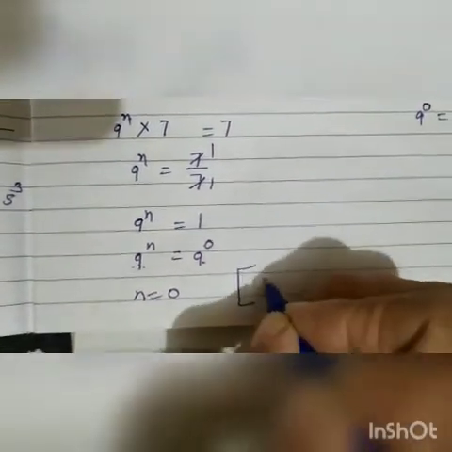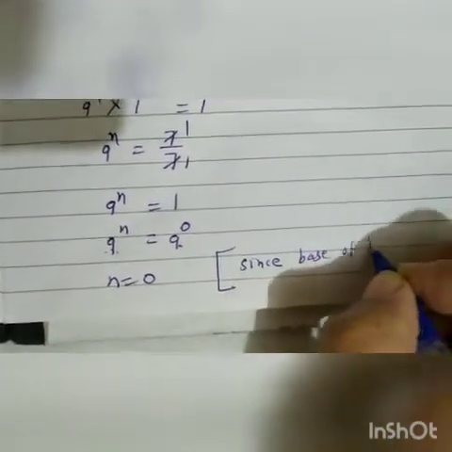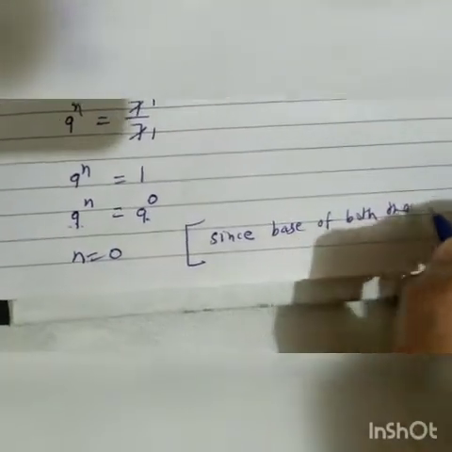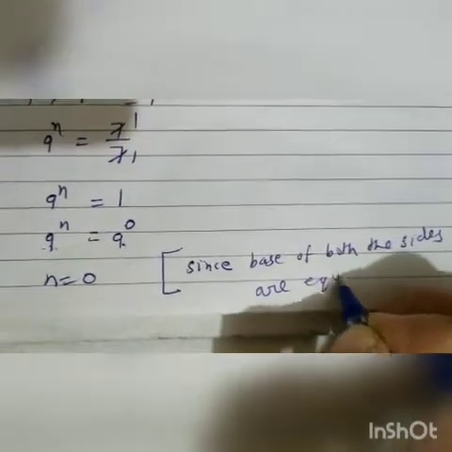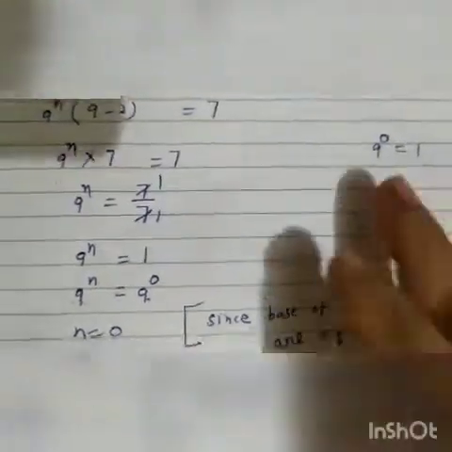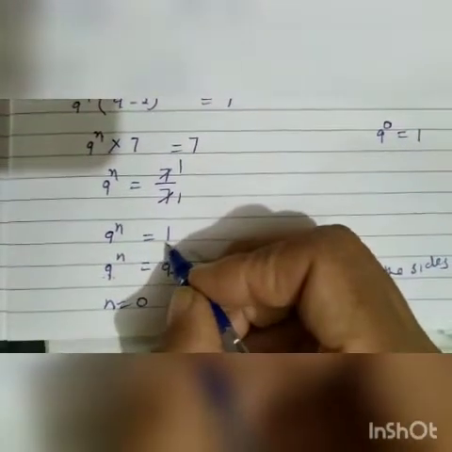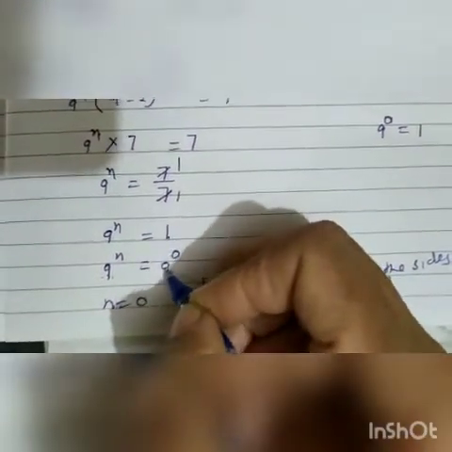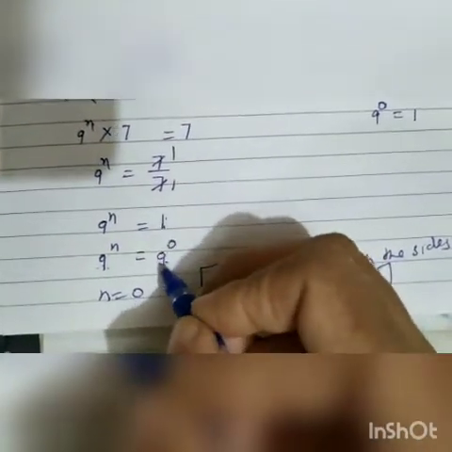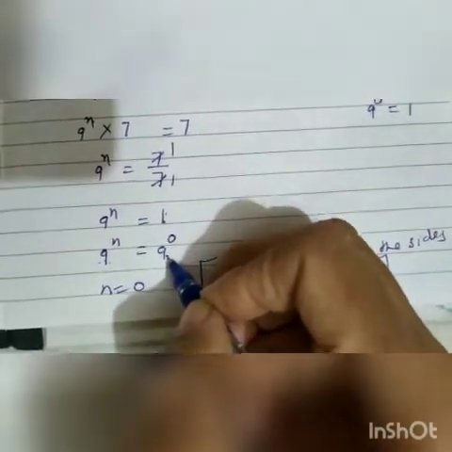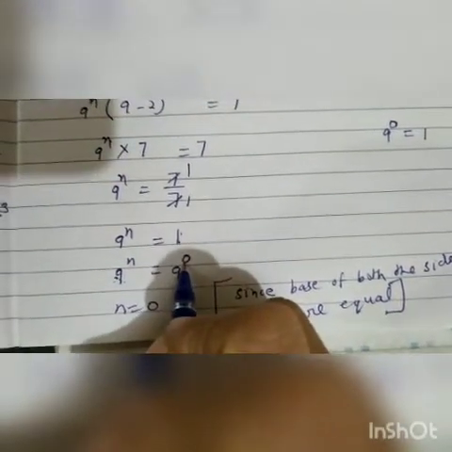We will write here again, since bases of both the sides are equal. Students, in this type of case, when the value is 1 and we need the value in the base and exponent form, then we will write the same base on the other side with power 0.